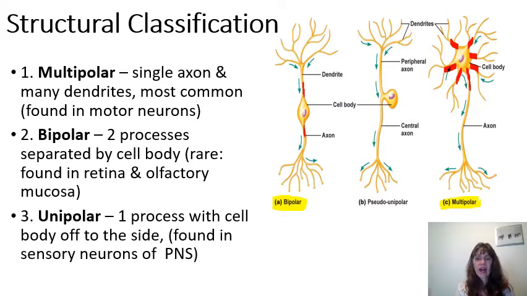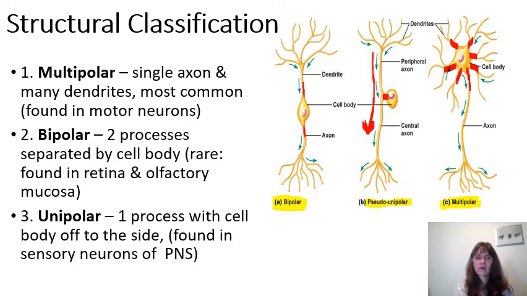Then finally we have unipolar. Some books call these pseudo-unipolar neurons because there's just one process coming from the cell body, and information is thought to bypass the soma or cell body and basically come in and keep going.